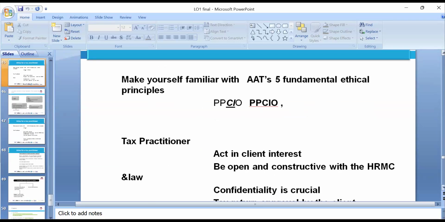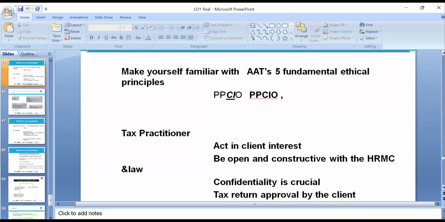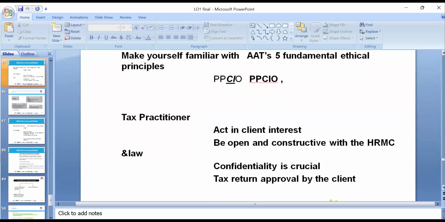Please remember the five professional codes of ethics: professional behavior, professional competence, confidentiality, integrity and objectivity, and we have to follow these.